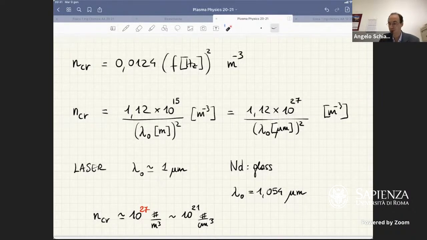So we cannot reach with the optical laser the deeper, inner part of the plasma in inertial confinement fusion.